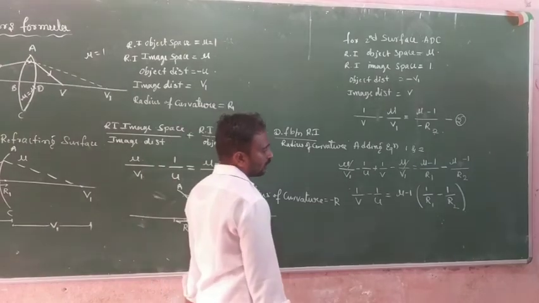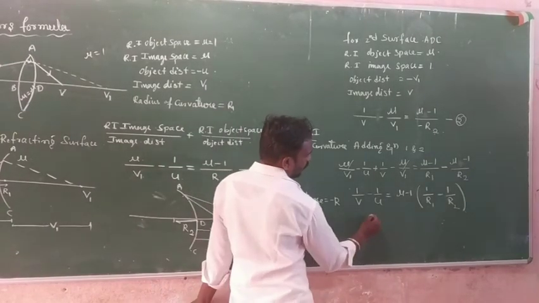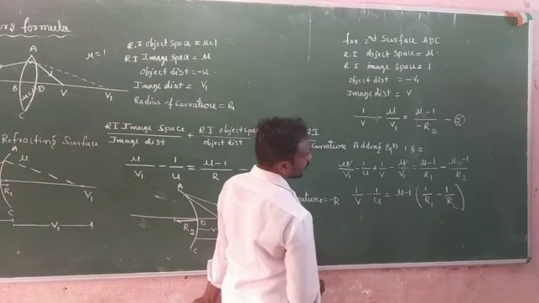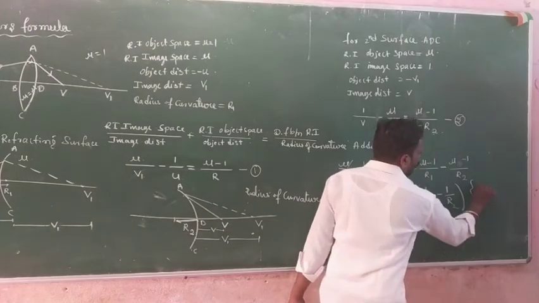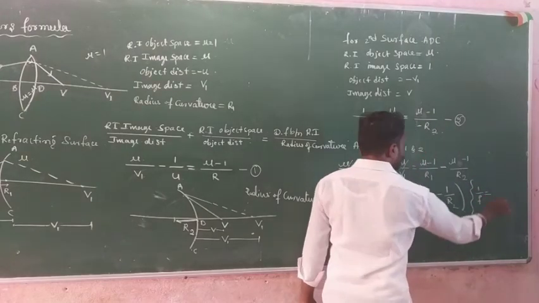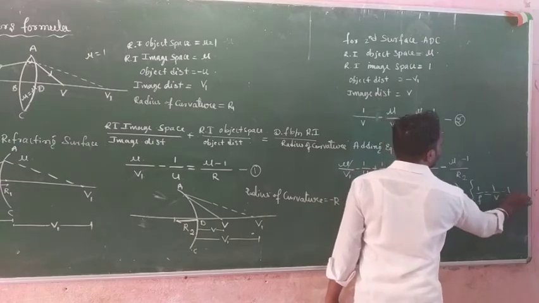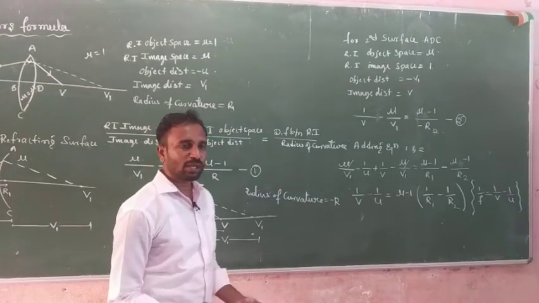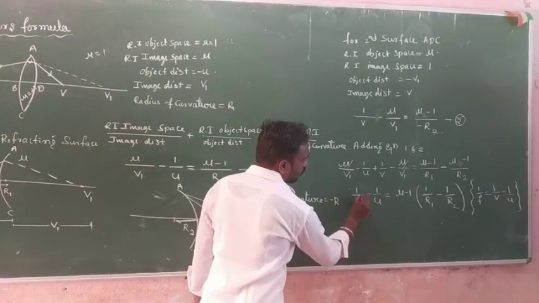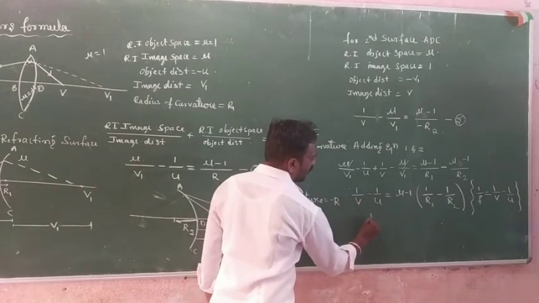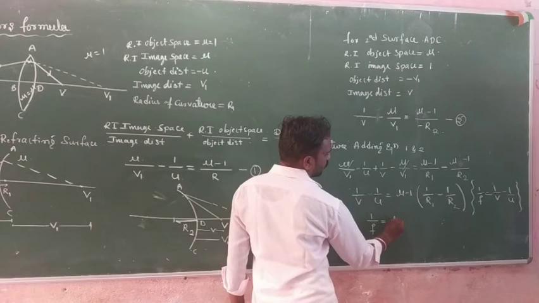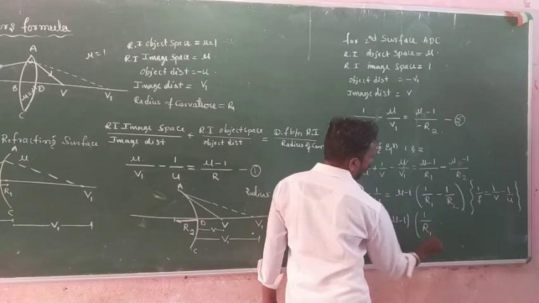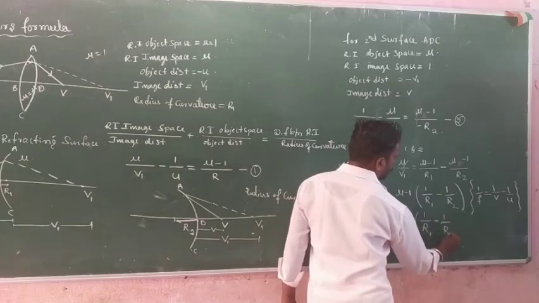Okay, you already know the lens formula: 1 by f is equal to 1 by V minus 1 by U. So 1 by V minus 1 by U means 1 by F is equal to mu minus 1 into the bracket 1 by R1 minus 1 by R2.